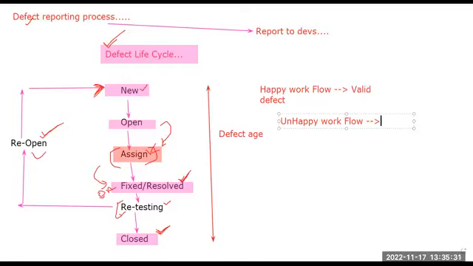In that case, we have to go through an unhappy workflow also. Because as a QA, we can also make mistakes, like we can report a defect that is actually not there, or while reporting a defect, we may miss providing some of the information. All those we call an unhappy workflow. If the defect information is proper and we are reporting a valid defect, then it's a happy workflow.